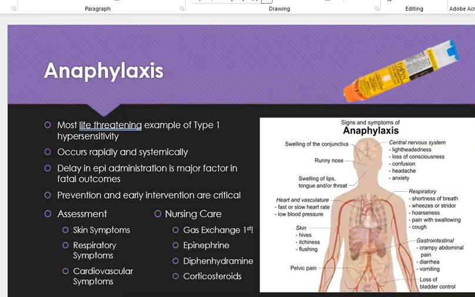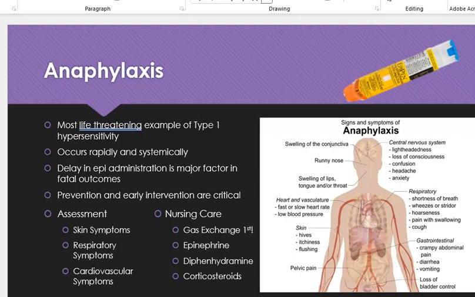We're going to talk about anaphylaxis. That is another type 1. This is the most life-threatening. With anaphylaxis, it is a condition in which a type 1 hypersensitivity reaction involves all blood vessels and bronchial smooth muscles.